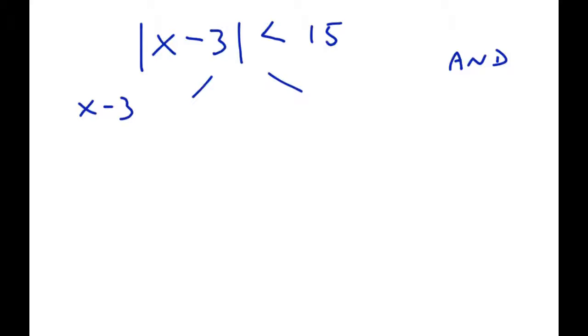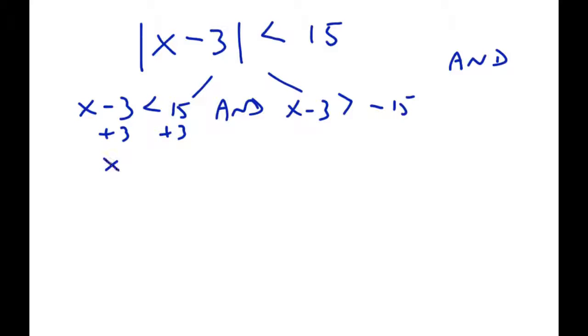X minus 3 is less than 15 and x minus 3 change it to negative 15 and I change the symbol to greater than. Add 3 to both sides. X is less than 18 and add 3 to both sides. X is greater than negative 12.